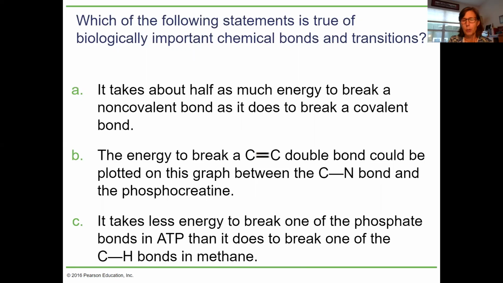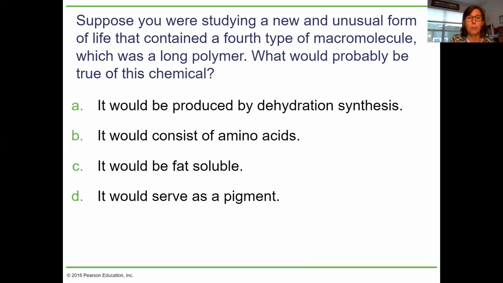It takes less energy to break one of the phosphate bonds in ATP than it does to break one of the carbon-hydrogen bonds in methane. Well, since breaking of a phosphate bond in ATP is really critical to cellular function because ATP activates so many things, I would say that it would be the latter.